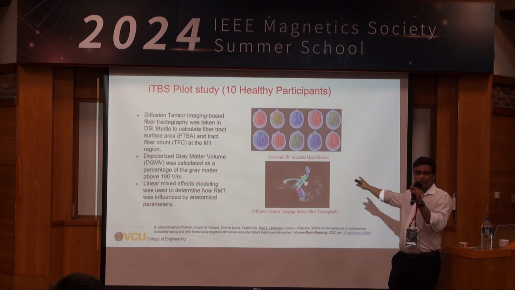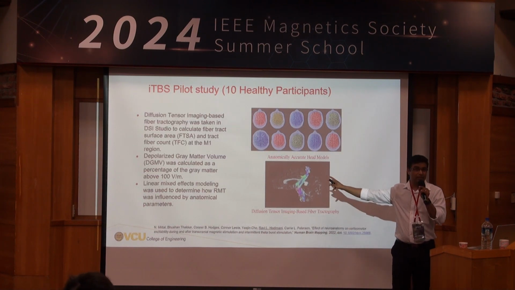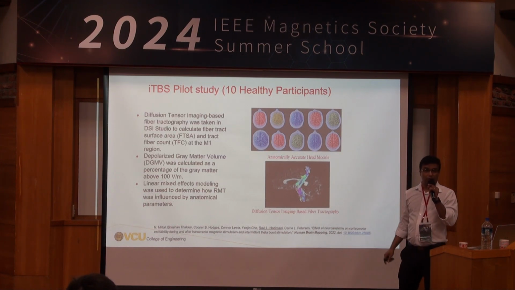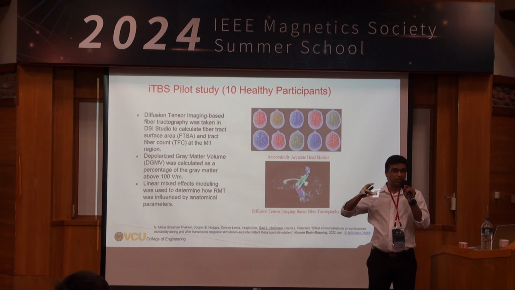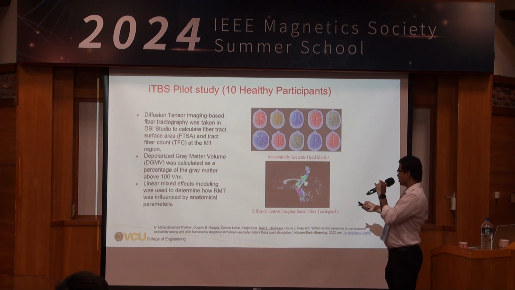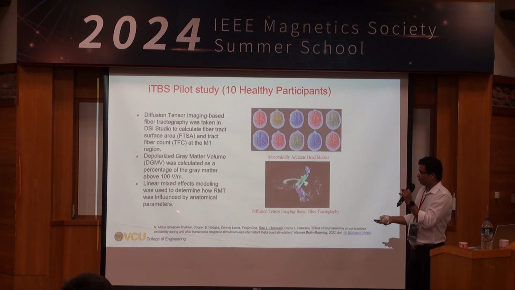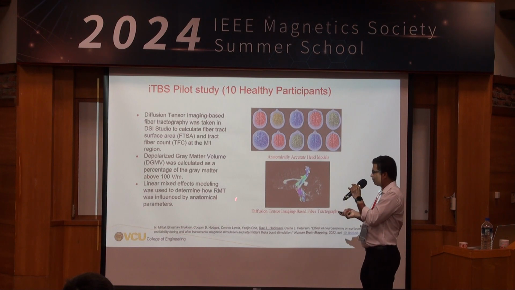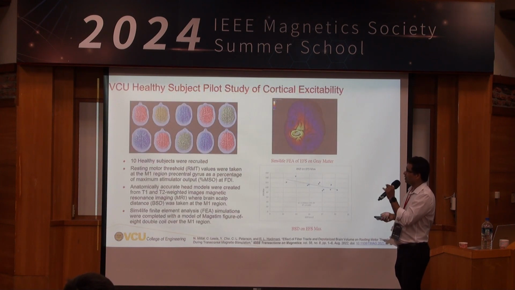But also the structural connectivity can also be used to determine how it will influence the dose parameter. So that's what we looked at, and we used linear mixed effect modeling to see how different parameters affect the RMT, which is the dose.